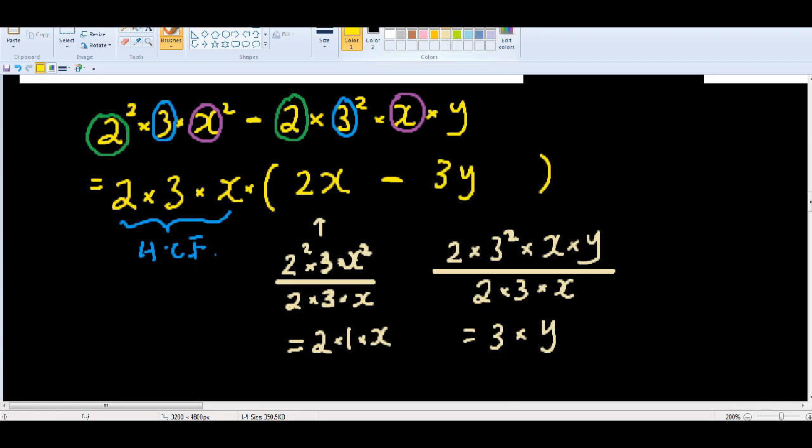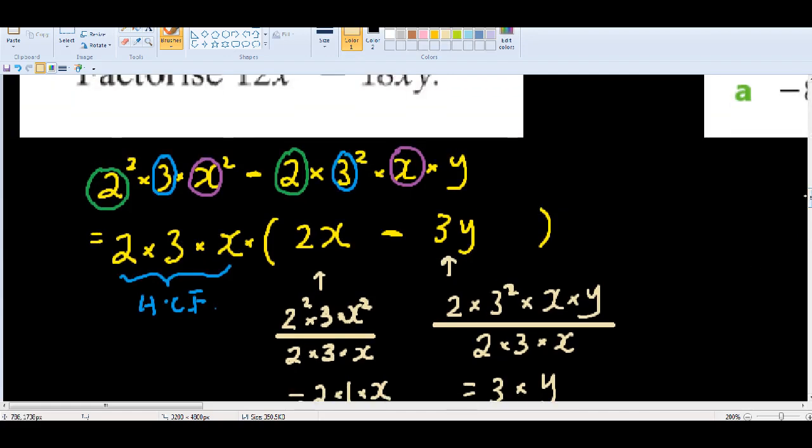Okay, so possibly when you are still not quite familiar with the process, you need to do a little bit of divisions in the bracket. But after you get more familiar with taking out common factors, taking out highest common factors, and then doing the division, it becomes automatic.